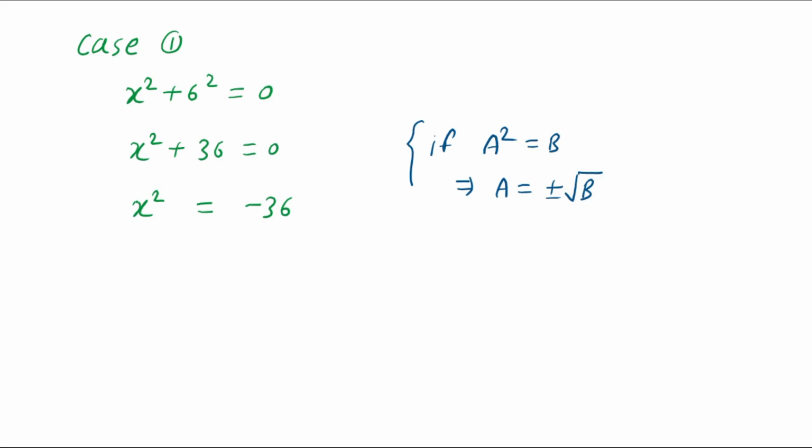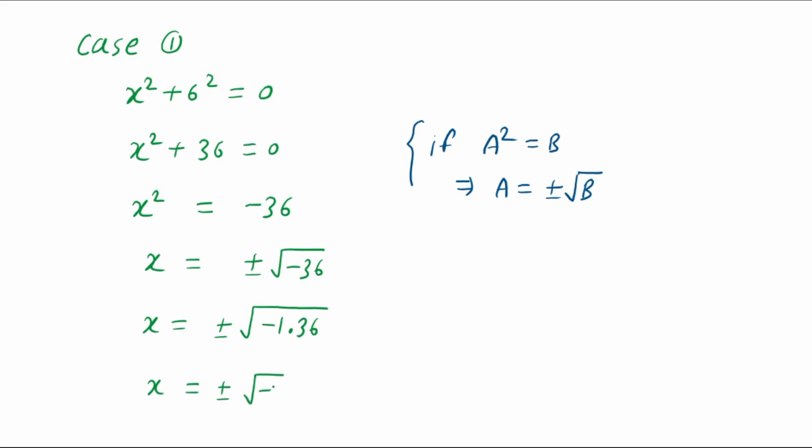If we apply this rule here, then you can say x is equals to plus minus square root of minus 36. Then x is equals to plus minus square root of minus 36 is same as minus 1 times 36. Then x is equals to plus minus square root of minus 1 times square root of 36.